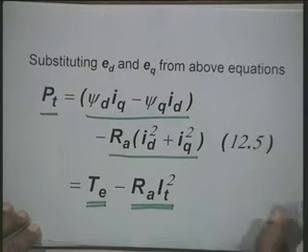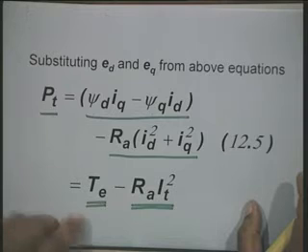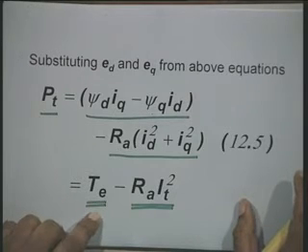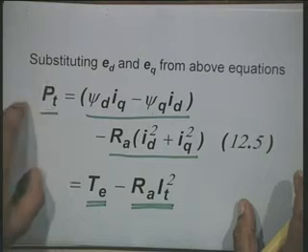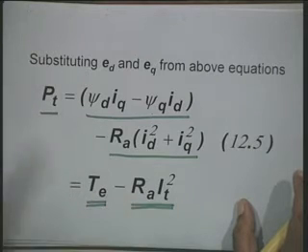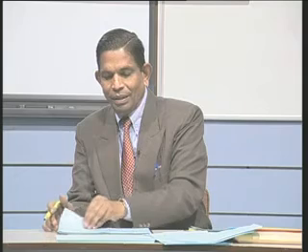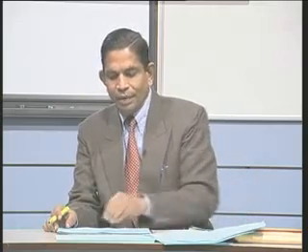That is why I said that when you have to calculate the torque Te, or air gap power, we first calculate the terminal power, which we know. To that we add the armature resistance loss, not drop. And this is a very important equation which we shall be using.